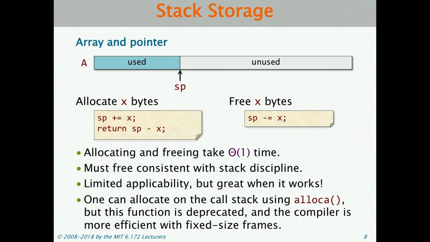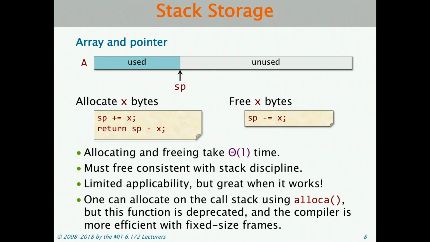So allocating and freeing in a stack takes constant time, because all you have to do is manipulate the stack pointer. So it's pretty efficient. However, you have to free consistently with the stack discipline. So the stack has limited applicability.